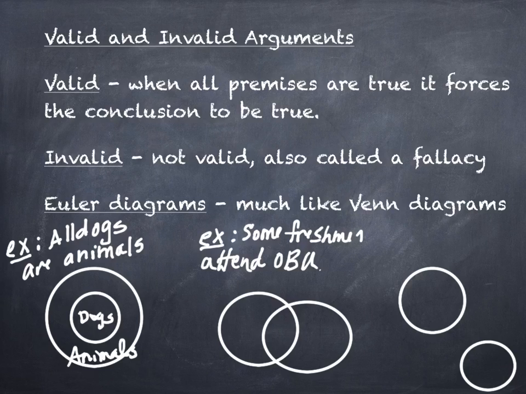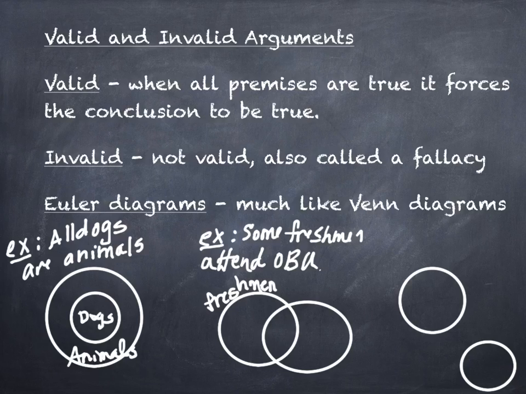So what are my 2 circles then? Freshmen would be one of them, right? And clearly, some freshmen do and some freshmen don't. And those are the 2 pieces of the circle. So the freshman that would not attend OBU would be out here, and then the freshman that would be attending OBU would be the overlap.